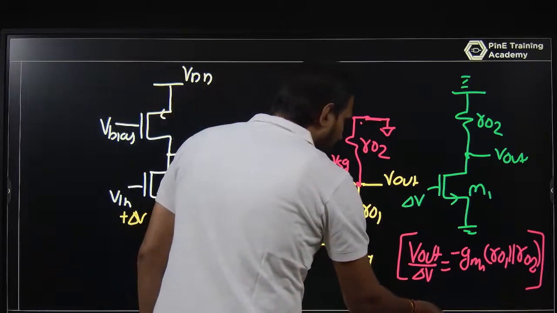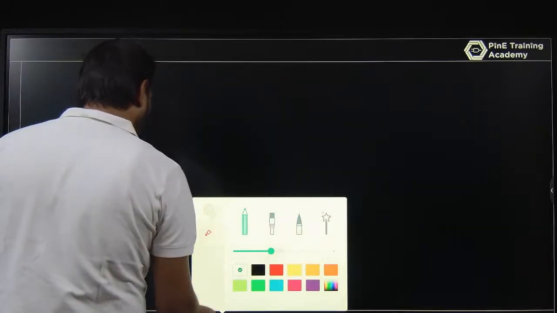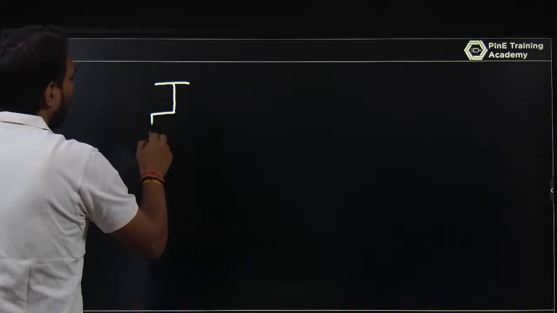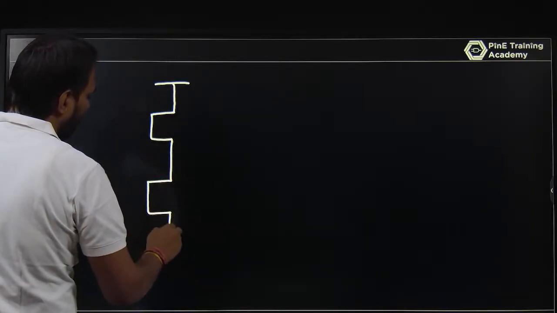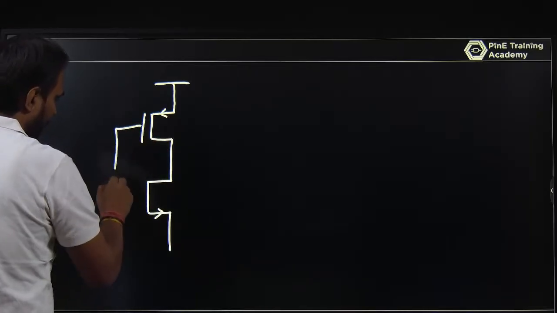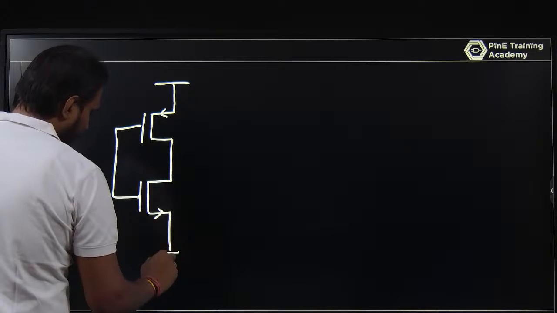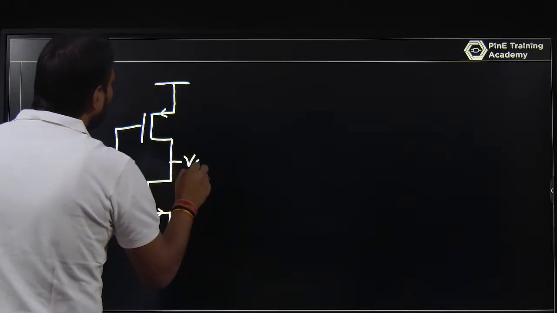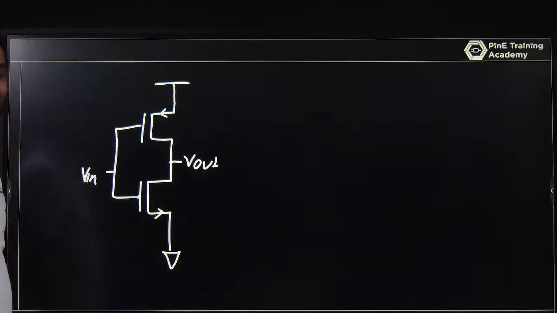Let's talk about the last circuit you have. I am not going for the source degeneration. I am going for the gain of the CMOS inverter. That is also a common source amplifier, called active load.